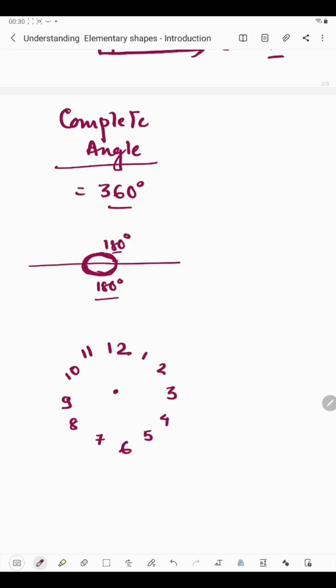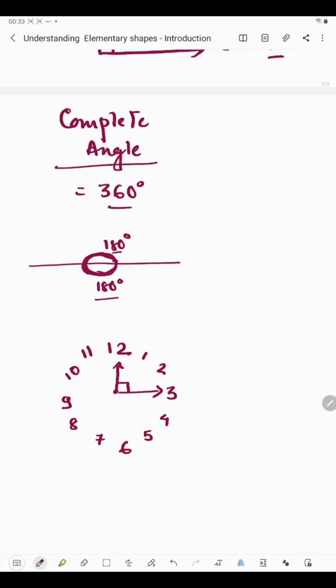Now suppose one hand of a clock is at 12 and it goes up to 3. That means which angle does it make? It makes 90 degrees.